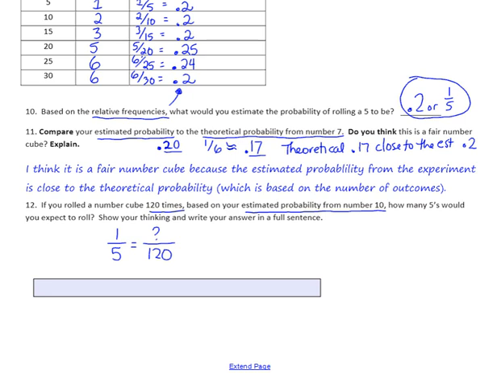That's one of the ways that you can solve the problem. The other way is to multiply your estimated probability times the number of rolls, and you will get the same answer. If you're using a proportion, we will do 120 divided by 5 times 1, and that will give us our answer.